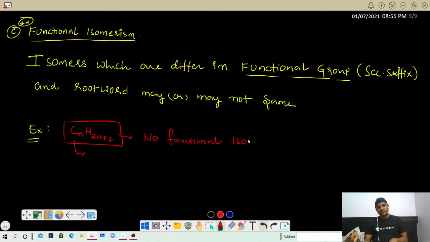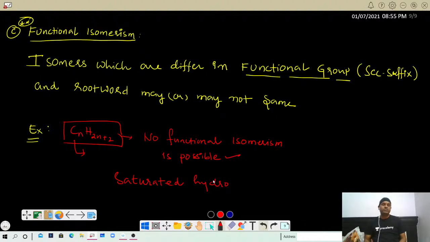No functional isomerism is possible, right? Why is it so? Because it is a saturated hydrocarbon.